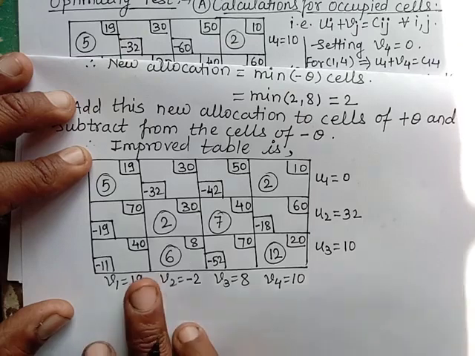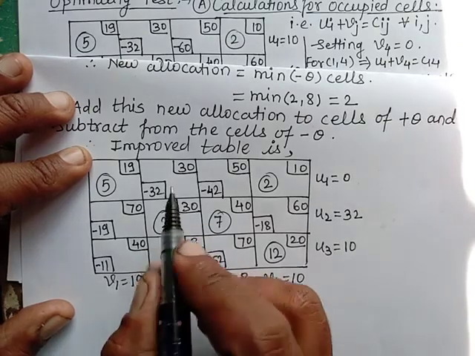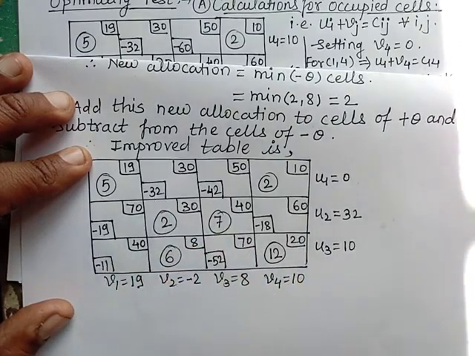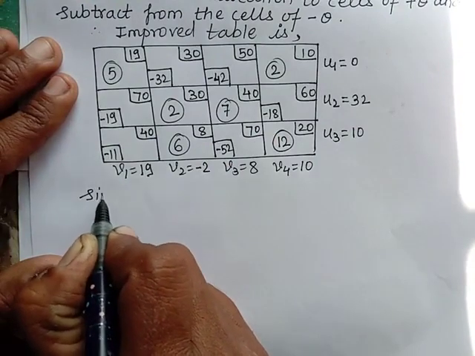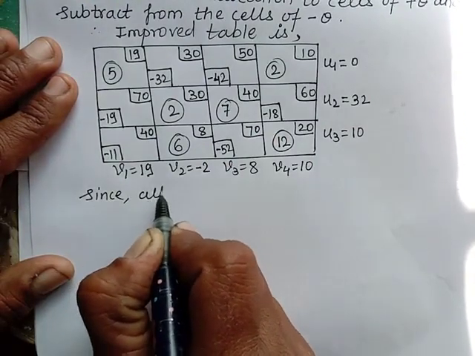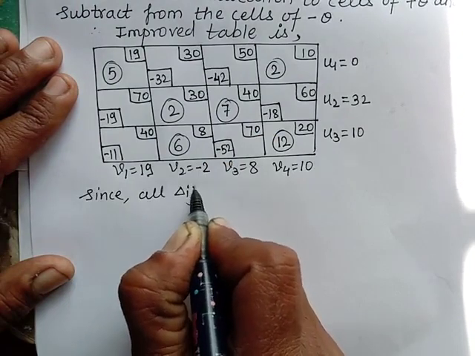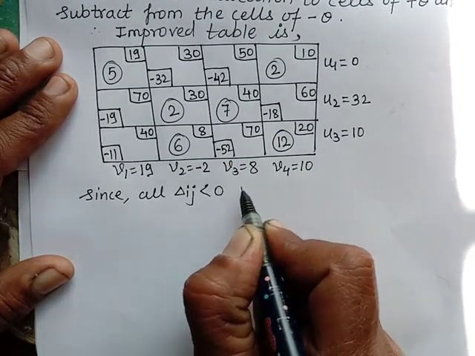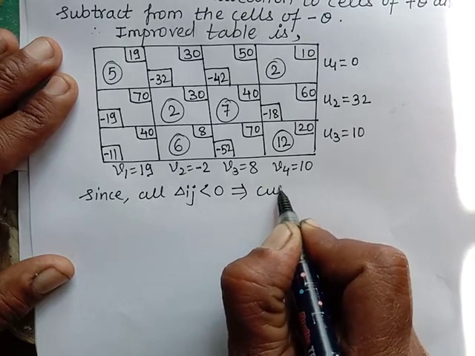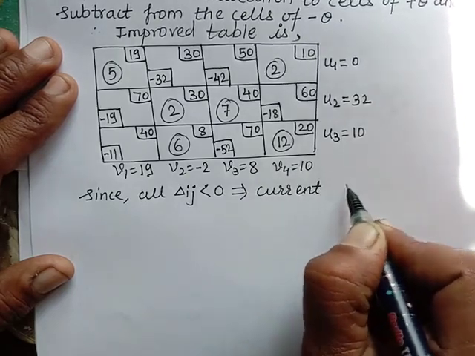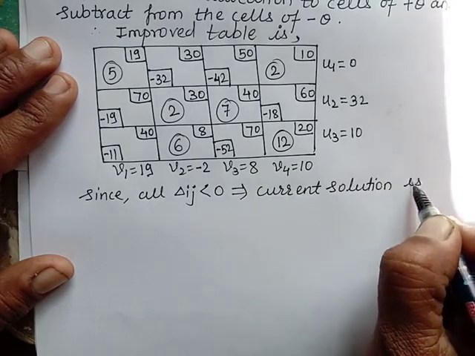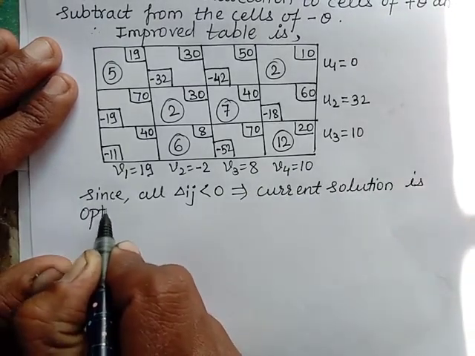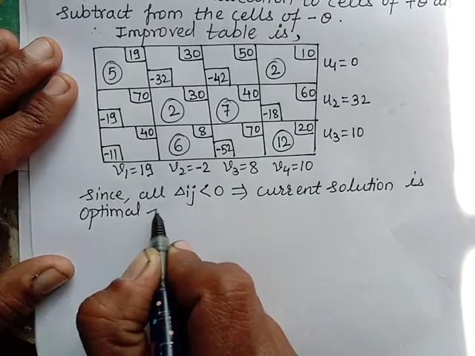Okay. So now if you look, all the delta ij's are negative. So we can say the current solution is the optimal solution. So I can write here, since all delta ij are less than 0, this implies the current solution is the optimal solution.